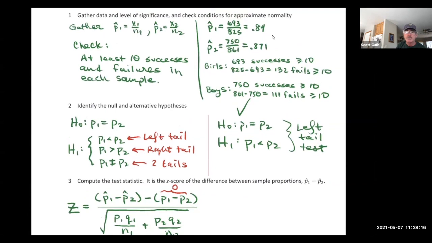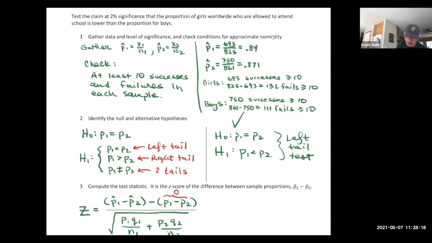The most natural thing is to use P hat 1 and P hat 2 for those, because they are the estimates. And that's not a bad idea, but a better idea pays attention to the fact that we're supposed to assume the null hypothesis is true.